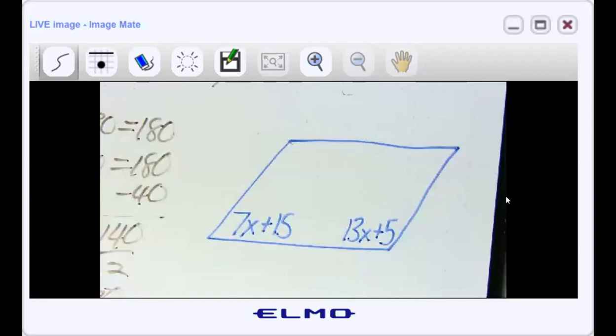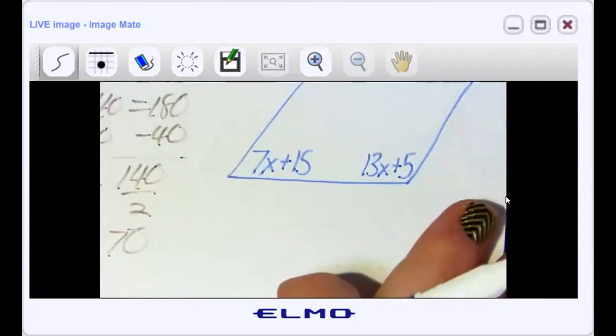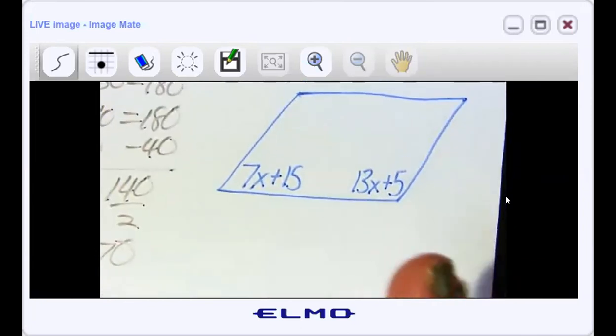Elizabeth, that is right. Okay, good. So it seems like you guys are comfortable with setting up the equation, knowing that it's either going to be equal or they're going to be supplementary.